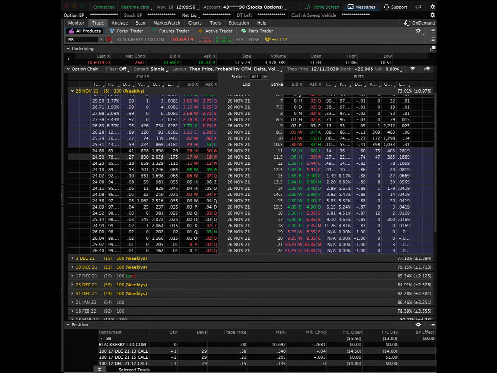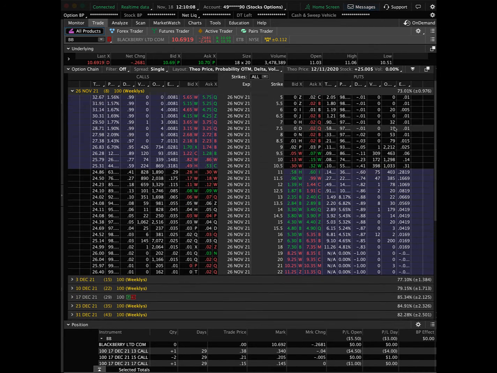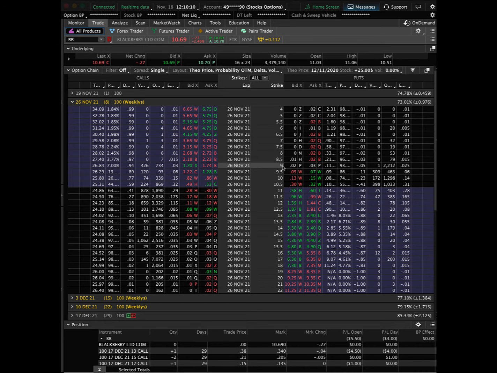We got some here at 11.5, but most of it is here at $15. So in a way, that's a level of resistance for this particular ticker on the upside. On the downside, most of that volume is occurring at $9, so that could be considered a level of support.